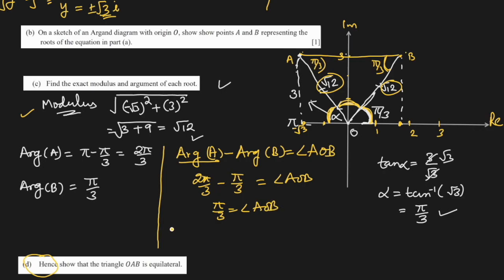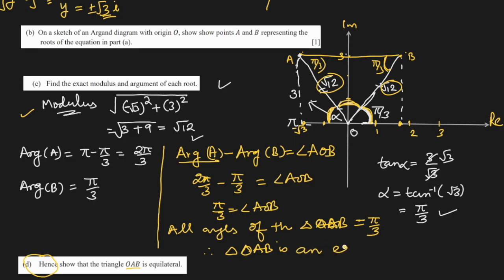So we can see that all angles of the triangle AOB, or they're saying OAB, so let's use the same notation, OAB equal to pi by 3, triangle OAB is an equilateral triangle.